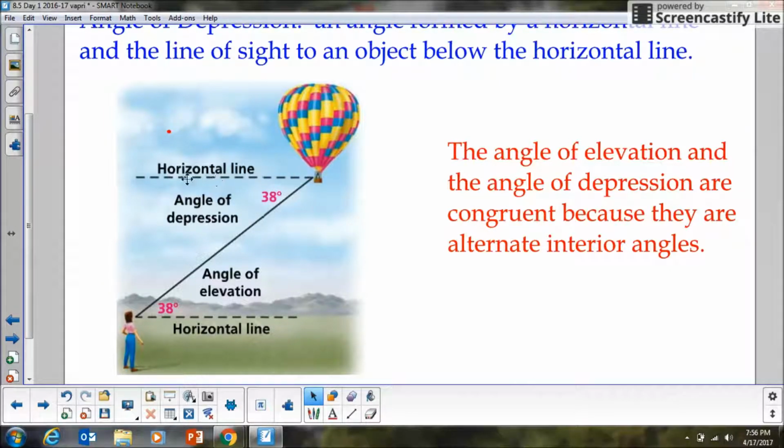And you're right, both the horizontal lines are parallel. So you can see that the angle of elevation and the angle of depression are congruent because they are alternate interior angles.